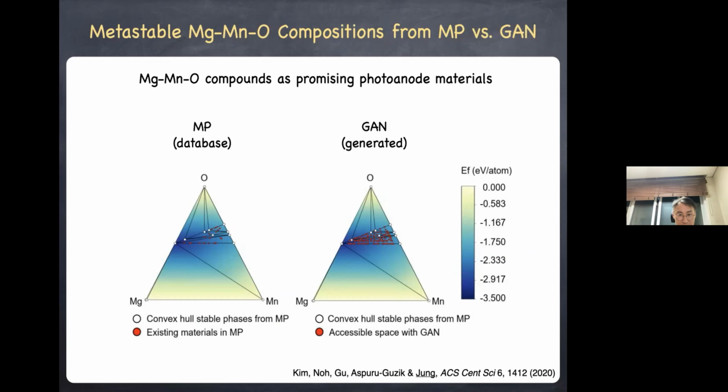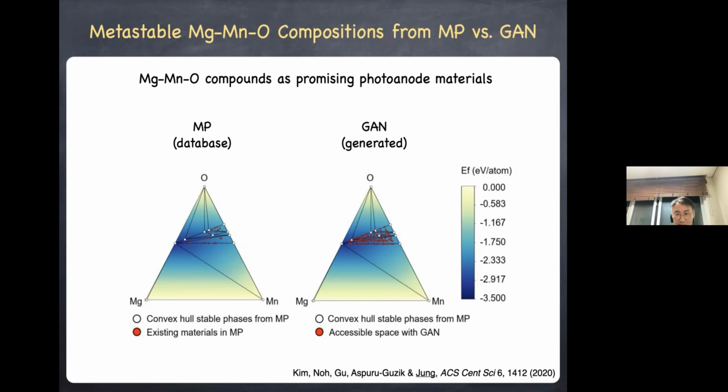These red circles are the existing materials in the Materials Project database. On the right-hand side, I'm plotting the same phase diagram, except that I added the structures generated from our GAN model.